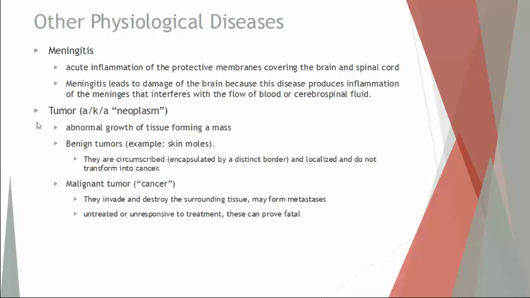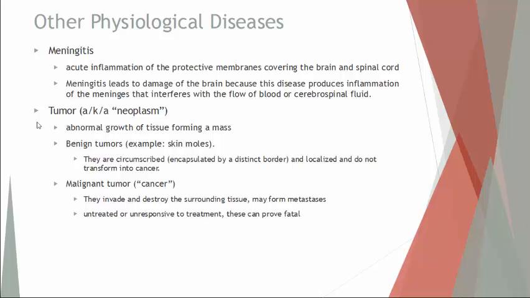Skin moles are a good example. Technically, yes, they are a tumor, but they won't cause any problems. But by definition, yes, it is a tumor. And of course, the bad ones are malignant tumors. These will develop into cancers, because these will develop and then spread or metastasize to other tissues. And that's when cancer becomes a real problem, whenever you move from one type of tissue to another, or one body part to another.